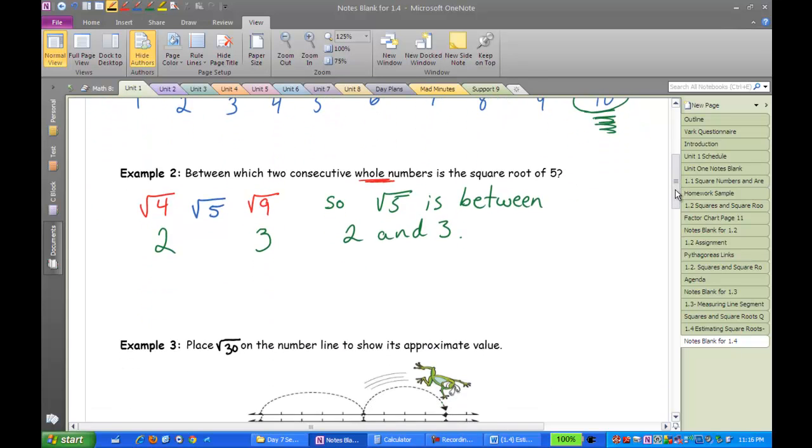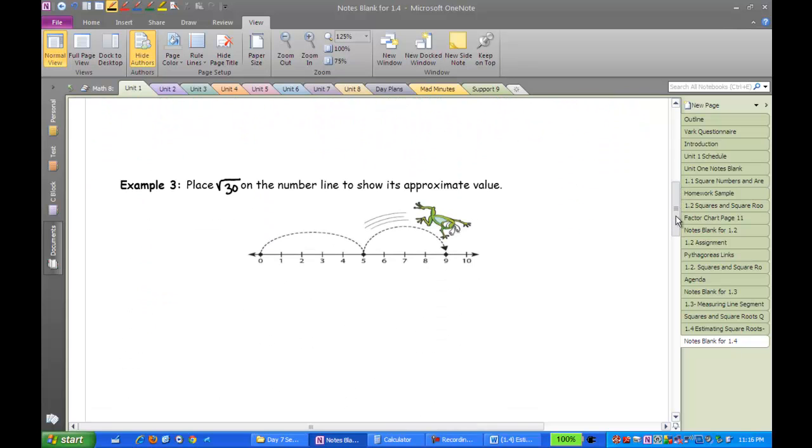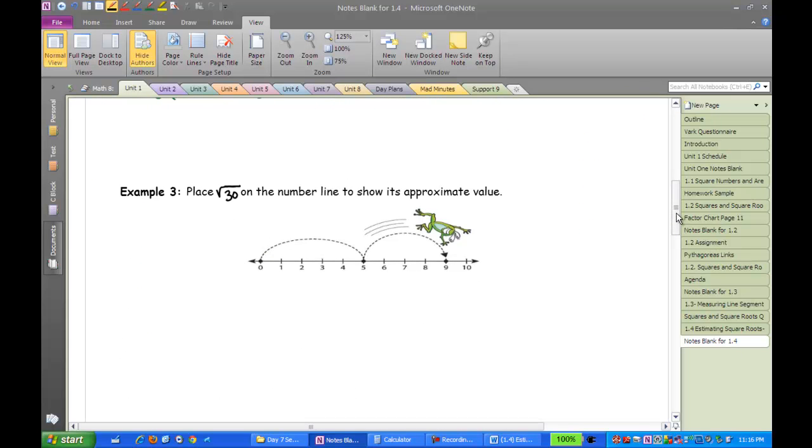Another example we can look at is placing it on a number line. So we can place the square root of 30 on the number line to show its approximate value. We go, okay, what are perfect squares that are close to 30? We know that the square root of 25 is 5, okay?